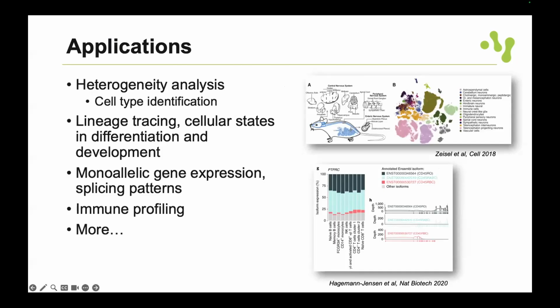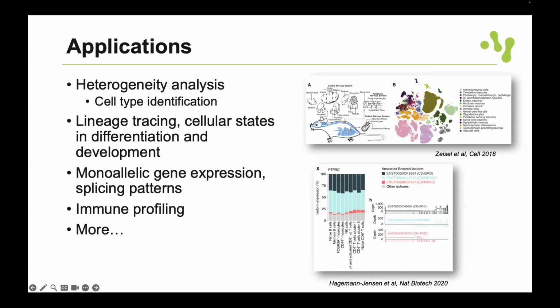So, why use single cell RNA-seq? These types of technologies have been used, for example, in heterogeneity analysis and cell type identification, where here to the right you can see an example of how different cell types of neurons, mainly in the brain, have been found by using these technologies.